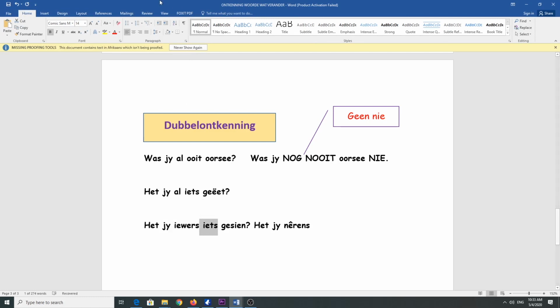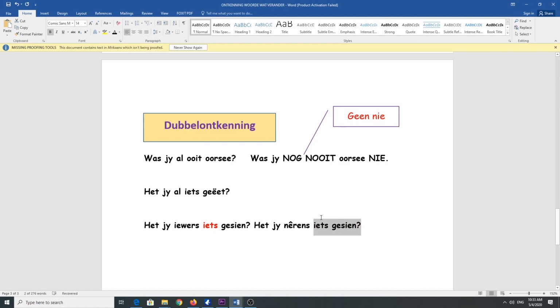That second one is going to stay as is. Can you see? It stays like that. So I'm not going to change it to niks. Complete the sentence. All that remains is gesien. Unfortunately, it's now in red. Right, so that is what I've done.